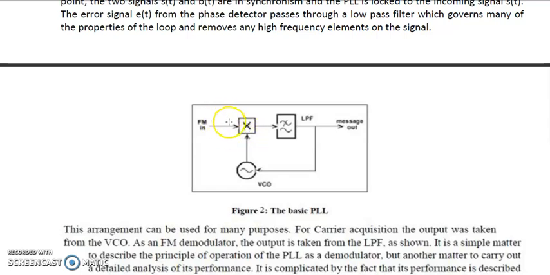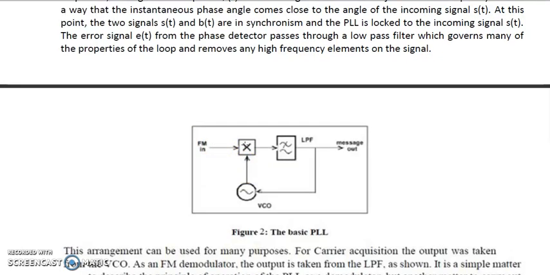Here we can put a plus sign and here a minus sign. Suppose this is signal A and this is signal B. The phase detector will perform the subtraction A minus B, and that difference will be the error or phase difference of this phase detector.